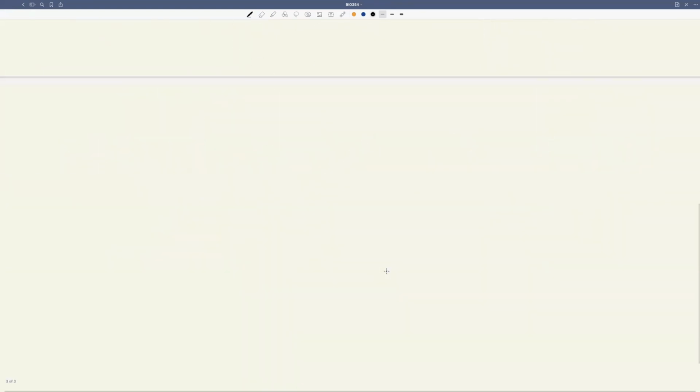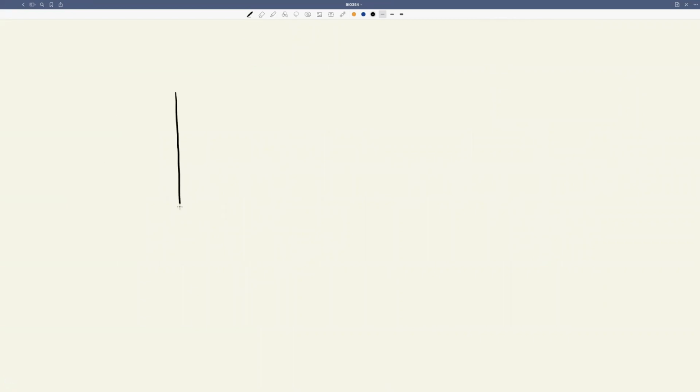All right, let's see if I can do this in 2 dimensions. So technically, as a leaf is formed, it's kind of pressed up against the stem.